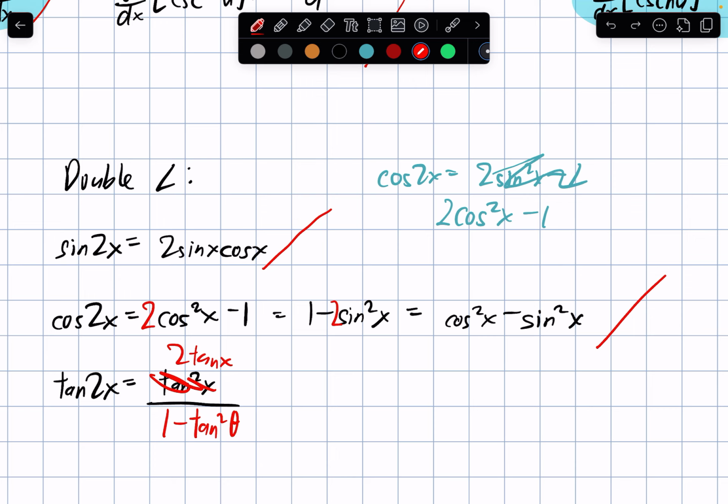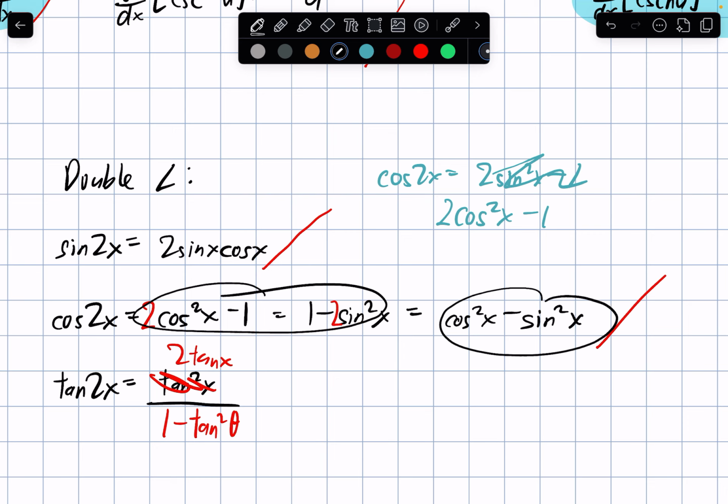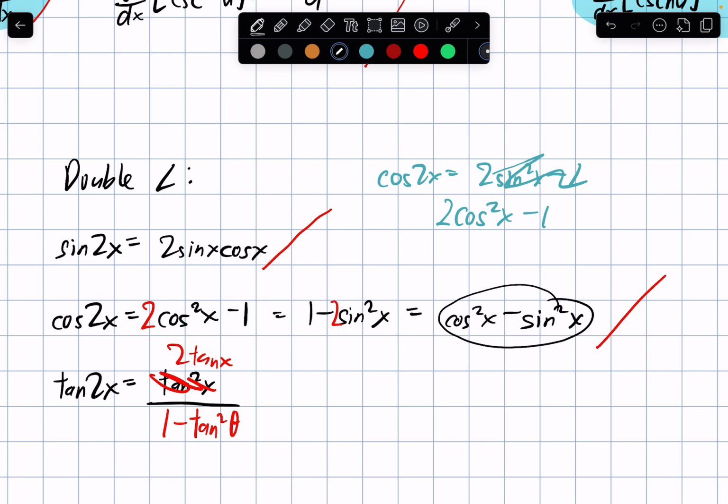From this idea, I think it's safe to say that cosine squared x is bigger than sine squared x. So it's written that way. And it makes sense because if you cannot memorize these two, at least memorize this.